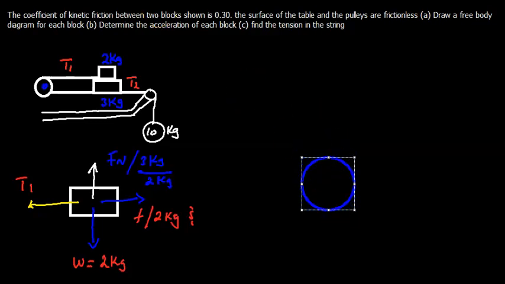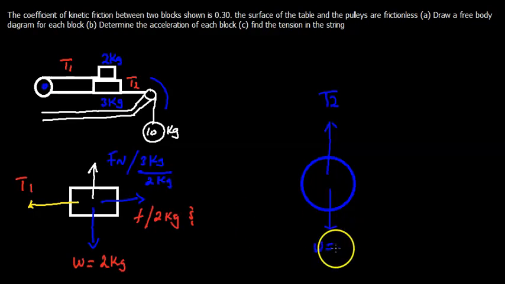Notice that here we're going to have an arrow pointing upward, our T2, the one pulling it upward this side. And downward our weight is going to be 10 kg. So this is it for part 1.